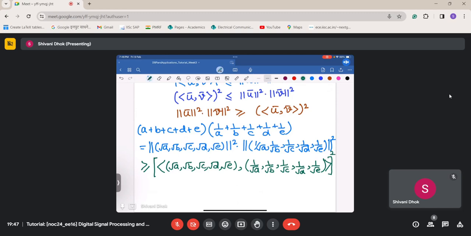So whatever we did right now is coming from the Cauchy-Schwarz inequality.